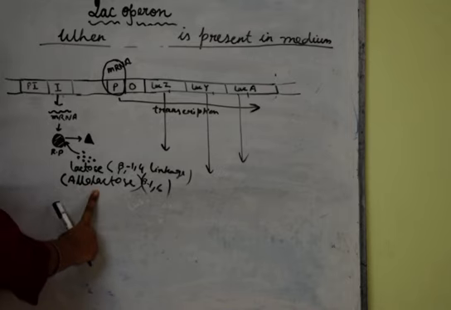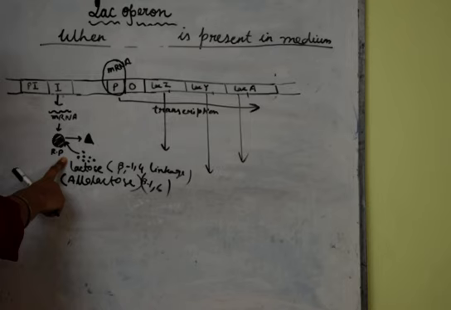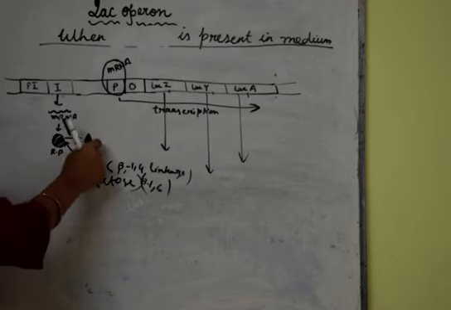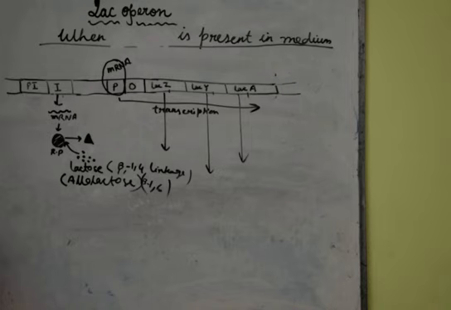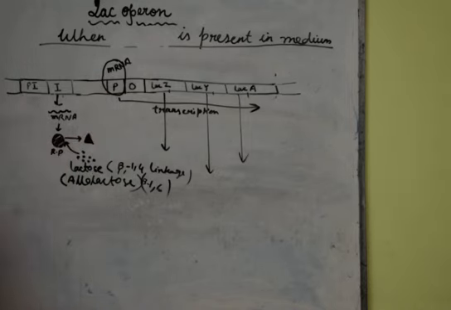Because of this changed shape, it is not going to bind with the operator. As a result, RNA polymerase is free to move and transcribe all the structural genes.